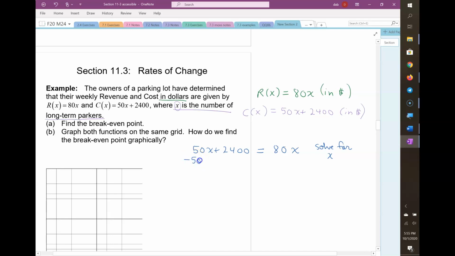So we're going to solve for x by getting all the x's on one side. Then I'm going to divide by 30 to get x by itself, and x is 80 long-term parkers.